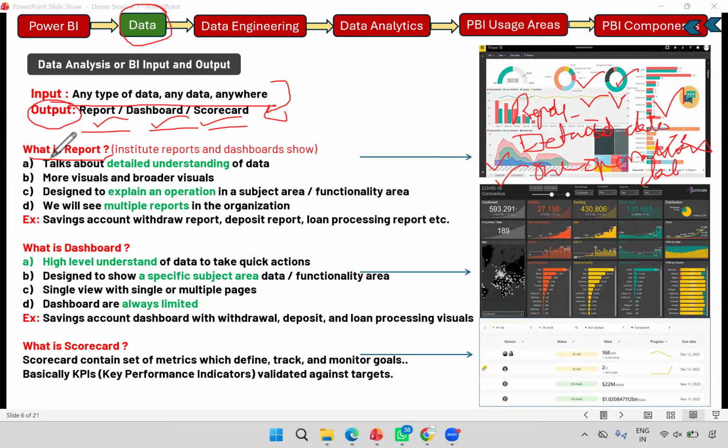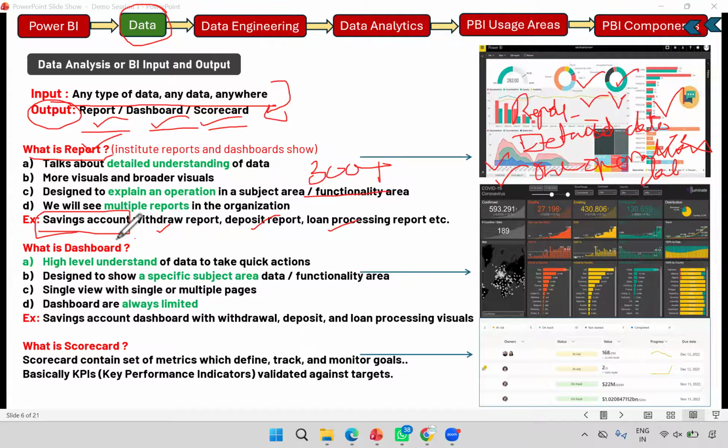So usually companies maintain multiple types of reports. In my last company, I saw 300 plus reports, one report for each operation. For example, savings account operations: withdraw process, one report; deposit process, one report; loan processing, one report; like this, multiple reports. So we created 300 plus in this financial company.